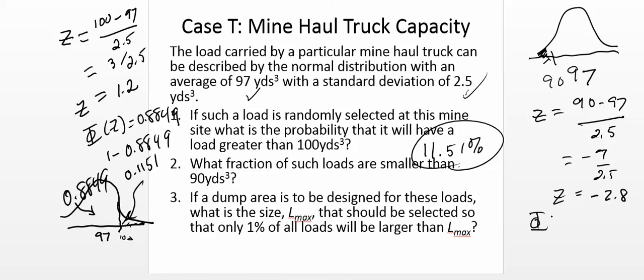The phi of that Z, you're going to find out, is not directly available. We can only get the phi of the positive Z because our table doesn't contain any values for a negative Z, but let's go find that.